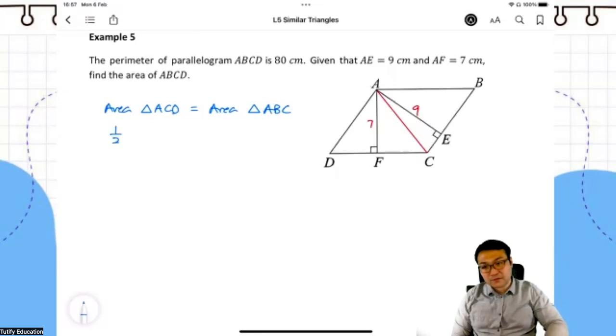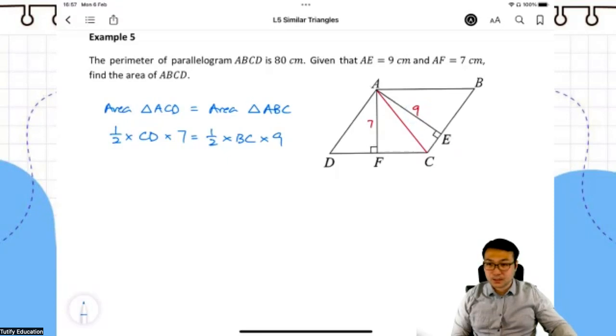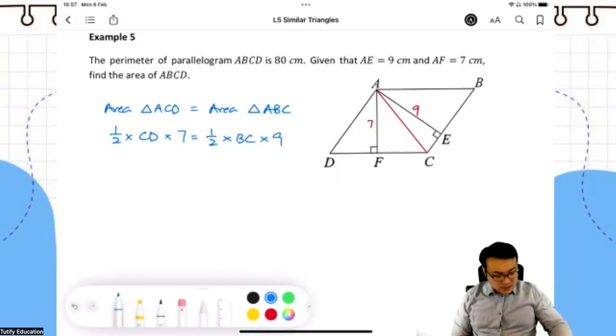That means half times the base of ADC times the height, which is given in the question. So this is the base and this is the height. So half times base times height equals half times, now this is the base, BC, times the height, 90 degrees, given by the question, 9, right? So if we simplify this, let's get rid of the half.